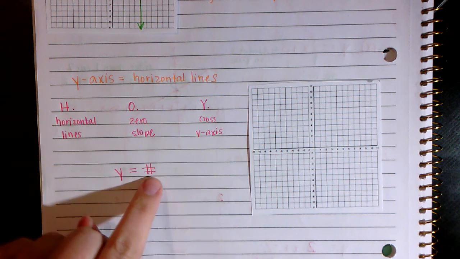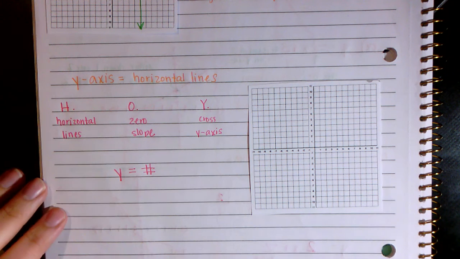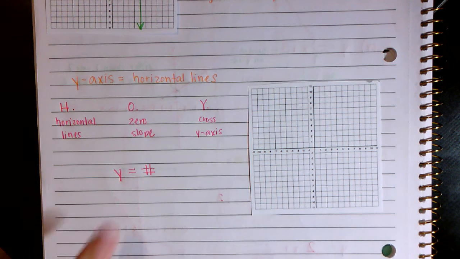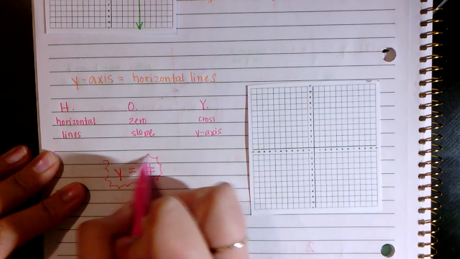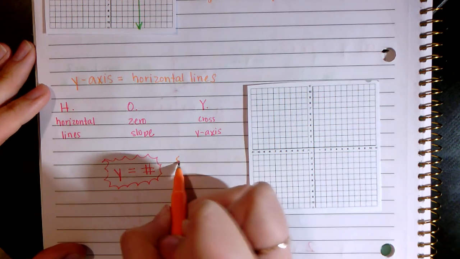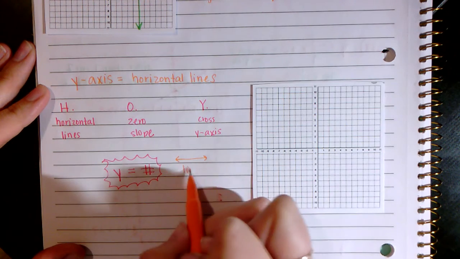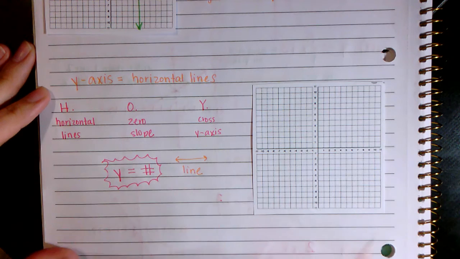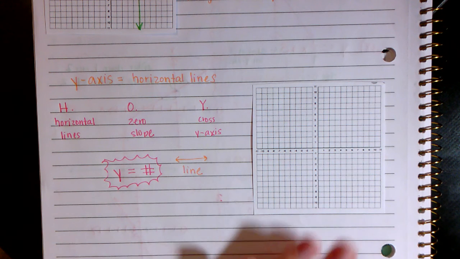If it's just a number, then it's a completely straight line. So when you see y set equal to a number and it doesn't have the x value, that is a line like that. So it's going to go straight across. Nothing else, just a straight across line.